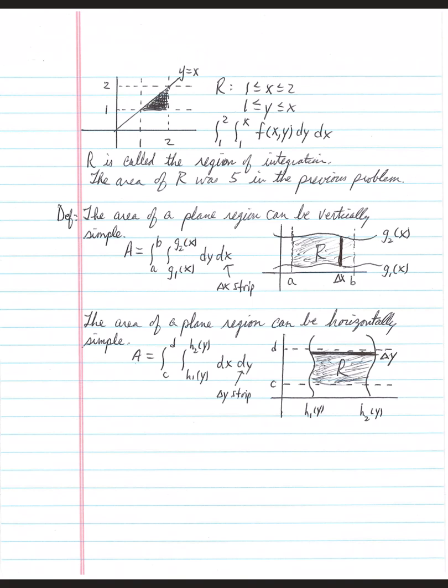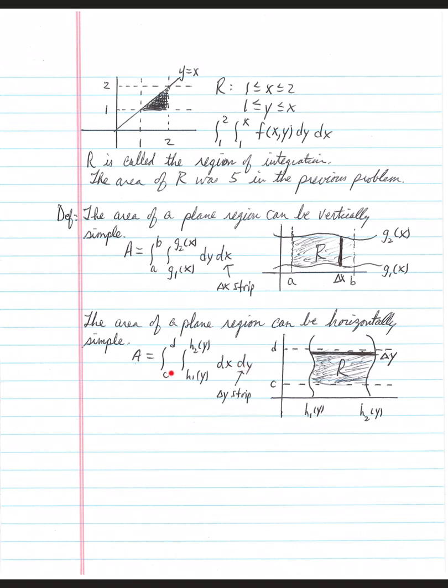Now, if you change and you look at the area of a plane region that's horizontally simple, and sometimes you have regions that are both, then it's dealer's choice on what order you go in. But if you have your representative strip going horizontally, call it delta y, then delta y will be your outer differential.